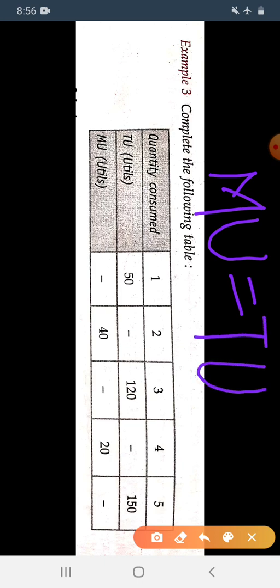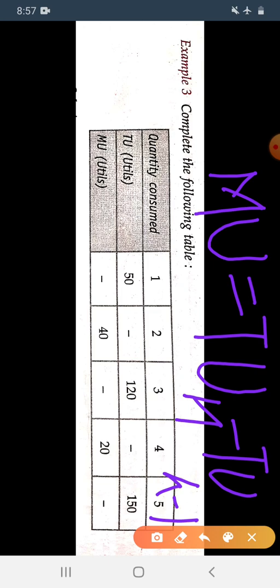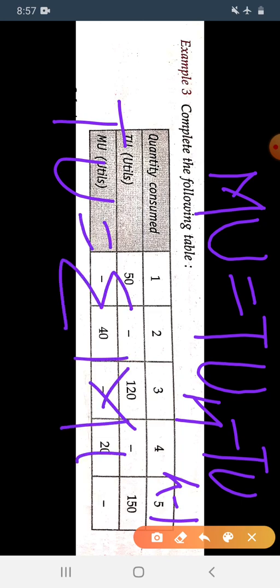TU of N minus TU of N minus 1. It is the formula of MU, and whenever we have to calculate the TU, the formula is the summation of MU. We will sum the marginal utility to get the value of total utility.